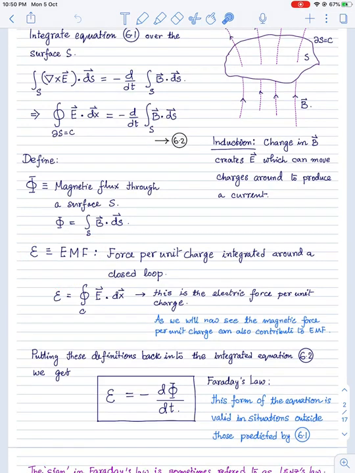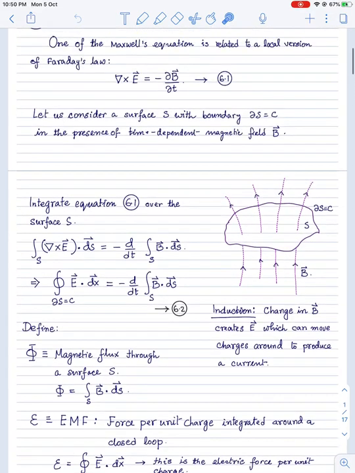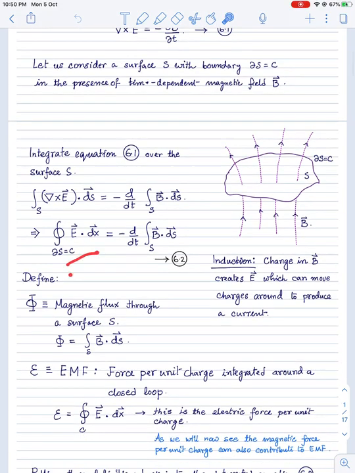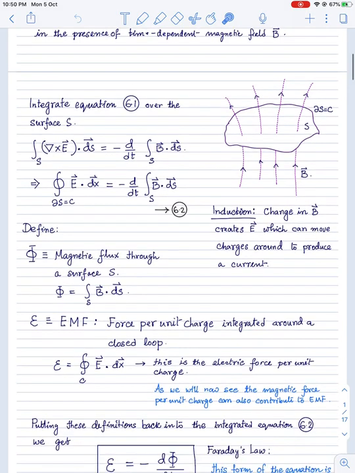If you notice, in this definition of EMF, I have not mentioned that it is the electric force per unit charge. Although if I integrate this local equation here, then what I get is the integrated version of the electric field. But while defining EMF, I am defining this to be the force per unit charge. That force can be electric as well as magnetic.